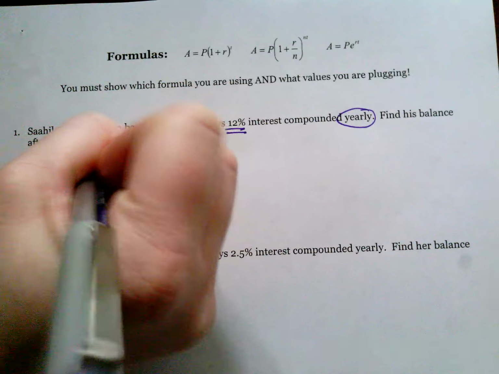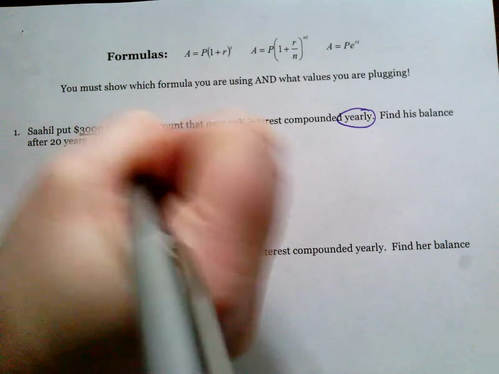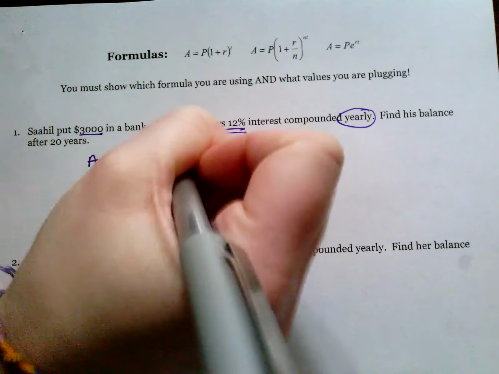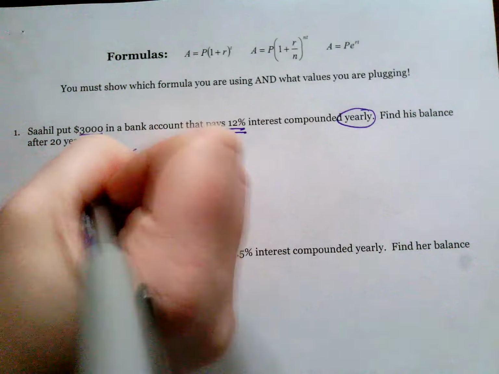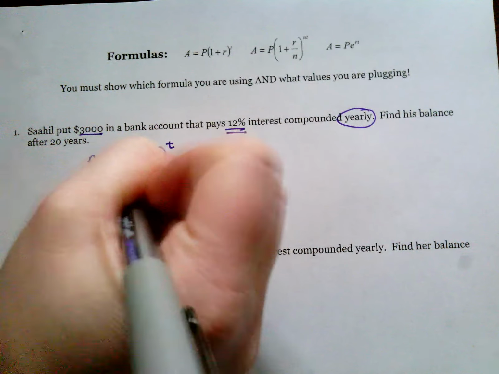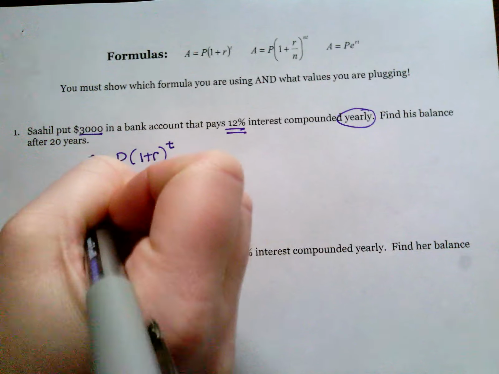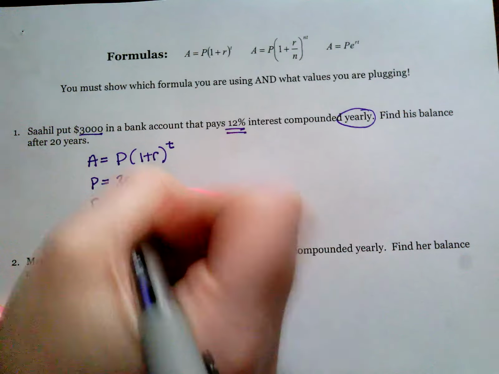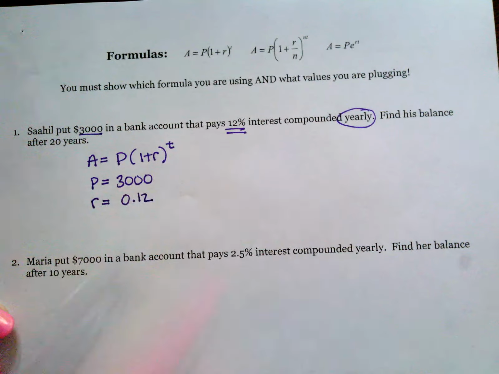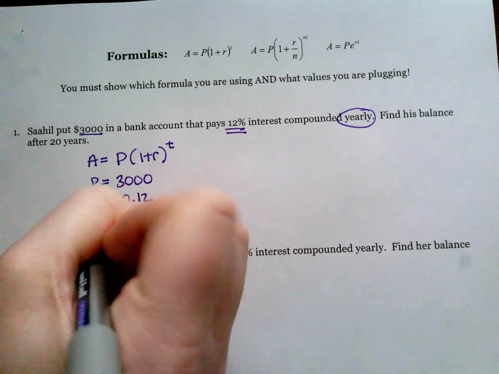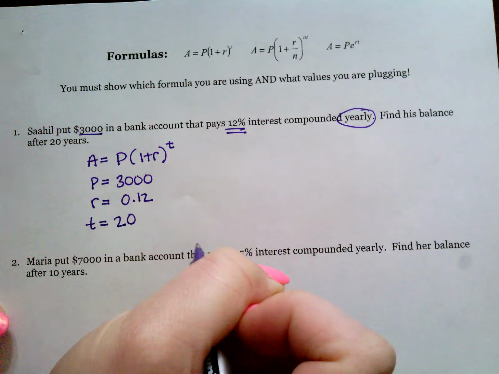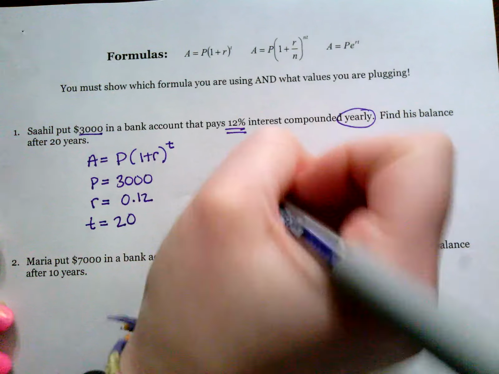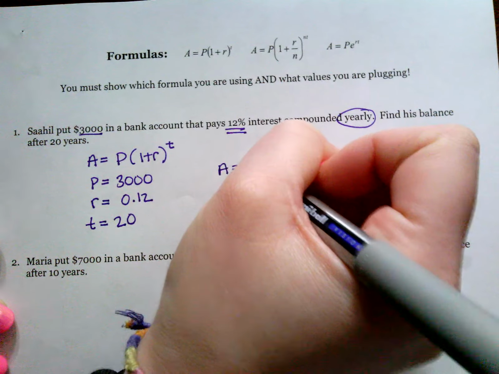The principal amount, the initial amount, is $3,000. Your rate is 12%, so 0.12. And the time is 20 years. So A equals 3,000 times 1 plus 0.12 to the power of 20.